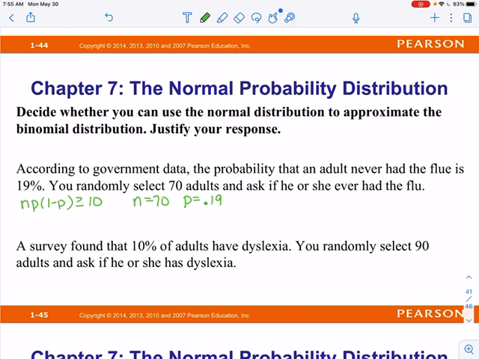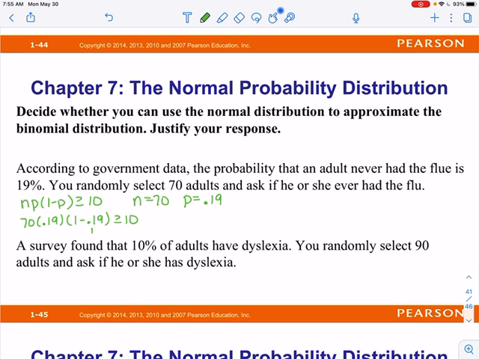So what this is really asking you is whether 70 times 0.19 times 1 minus 0.19 is greater than or equal to 10. And when you put that into the calculator, you're going to get 10.773. And we want to know if that's greater than or equal to 10, which it is. So yes, you can use the normal approximation.